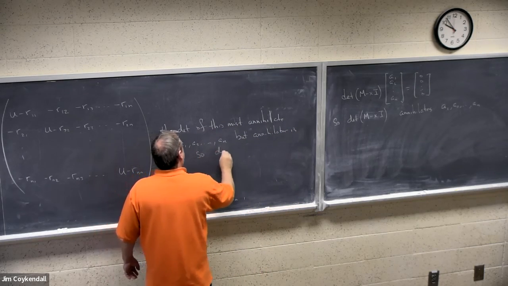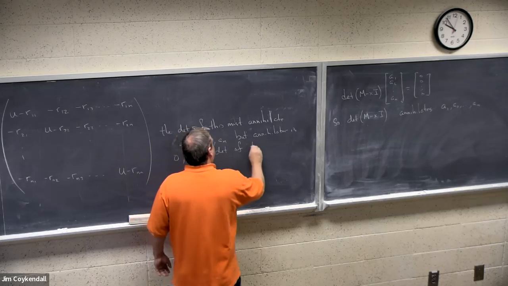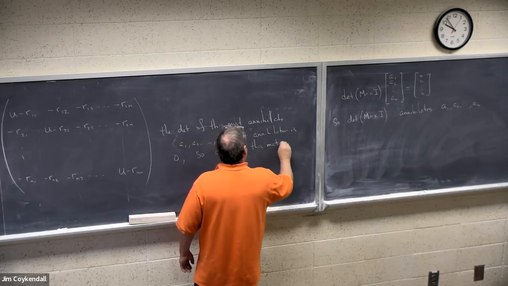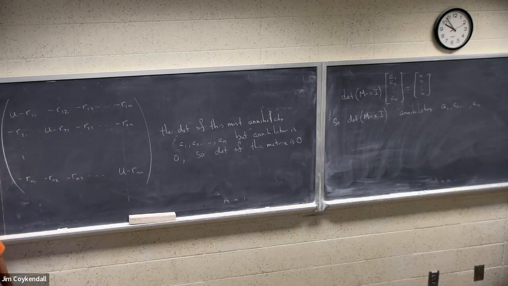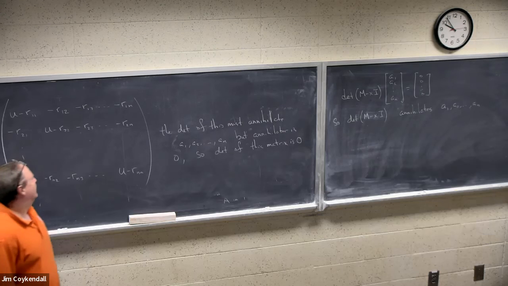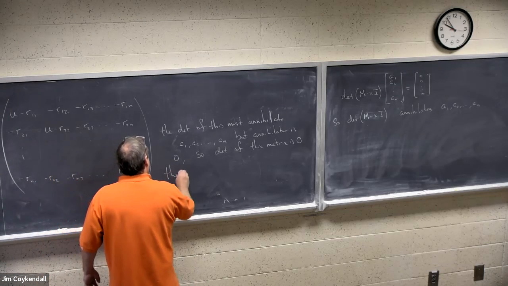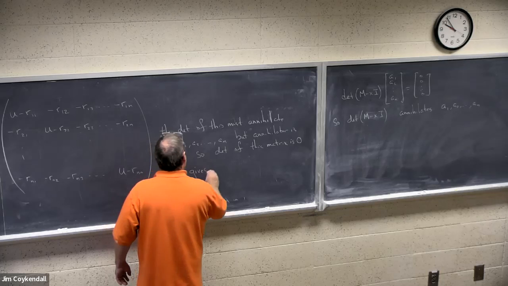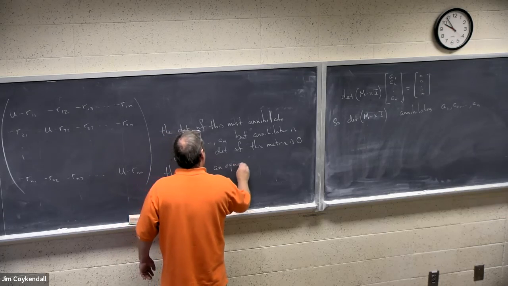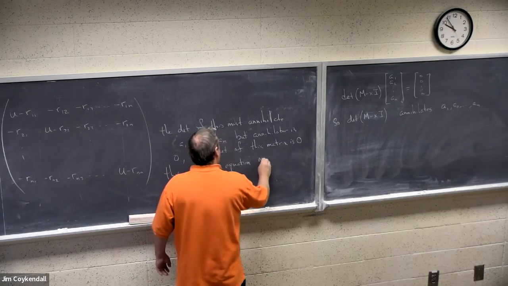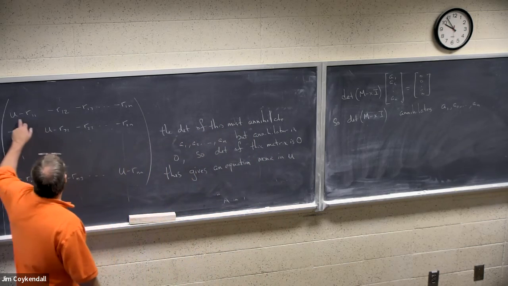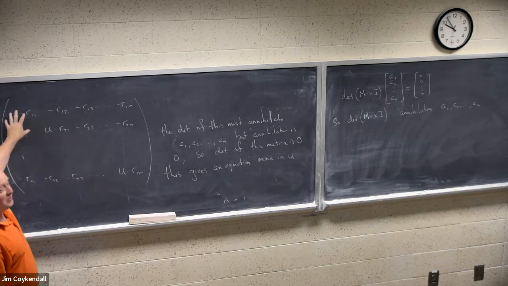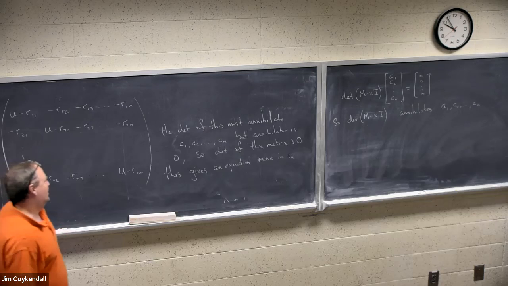So the determinant of this matrix is correct, and if you take the determinant of this, it gives an equation. Right, because when you multiply this out, the determinant of this will be monic in U. It's just like your eigenvalue. And so U is integral.